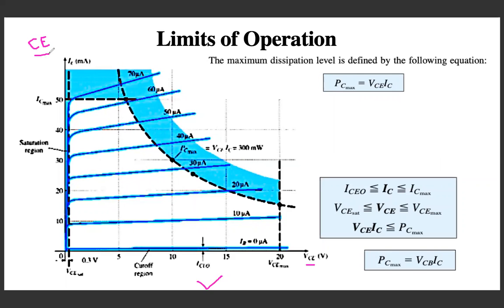By limits of operation means we cannot apply the input voltages and output voltages as per our desires as much as we want. There are some limits that we have to be within the range if we try to bias the different regions of the transistor. That will be decided by the specification sheet of the transistor.